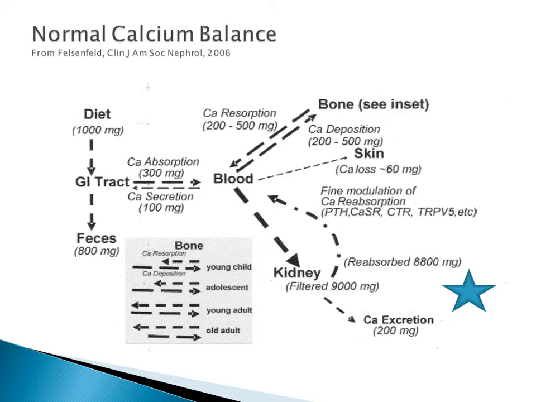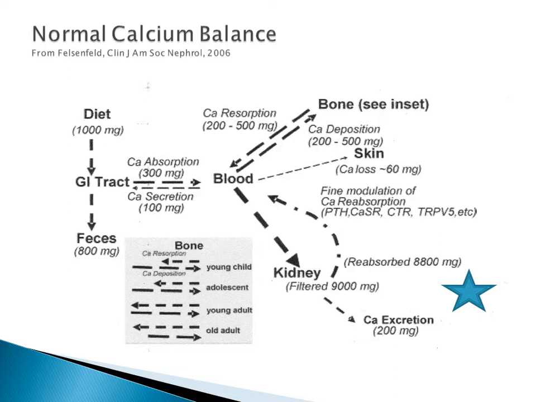notice that next to the blue star there, 9,000 milligrams of calcium is filtered per day, and almost all of that is reabsorbed. And this is, I guess, the most important point of this slide to remember: there's a lot of calcium that goes through the kidneys, but it's almost all reabsorbed.